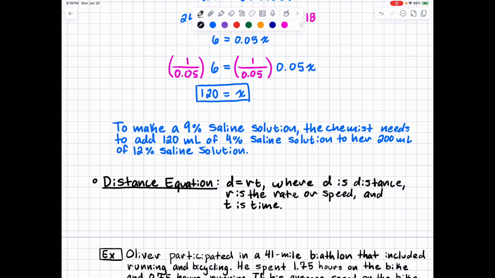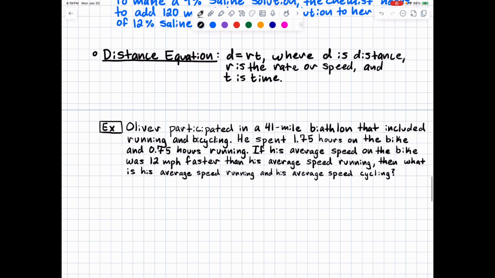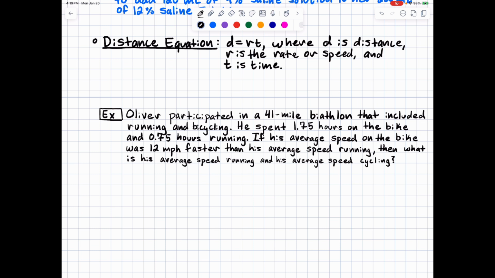Okay, so that is the distance equation. And we're going to use that in the next problem. So let me keep that up while we look at the next problem here.